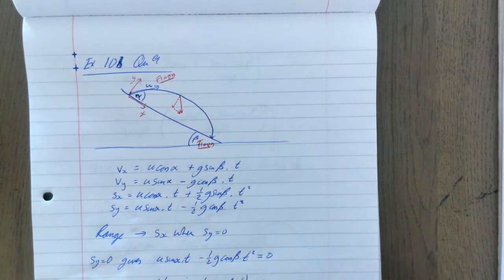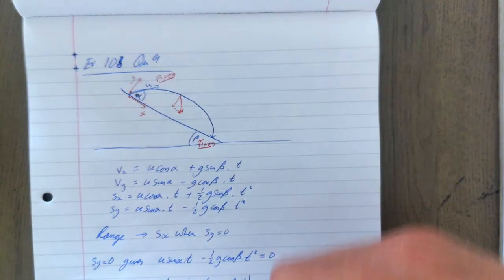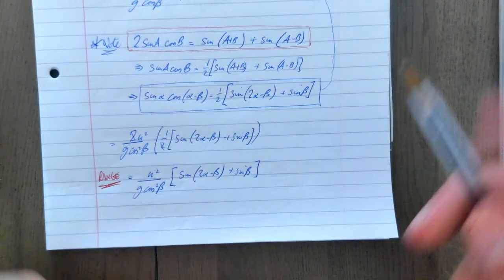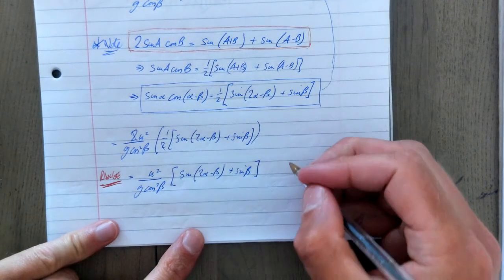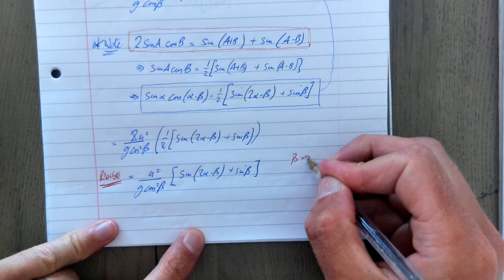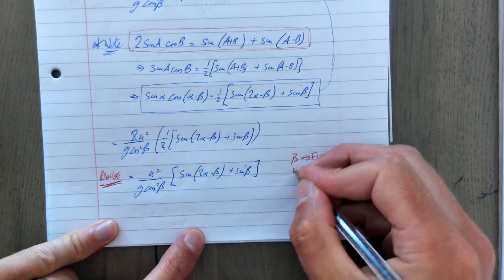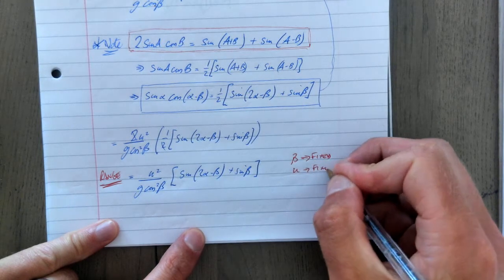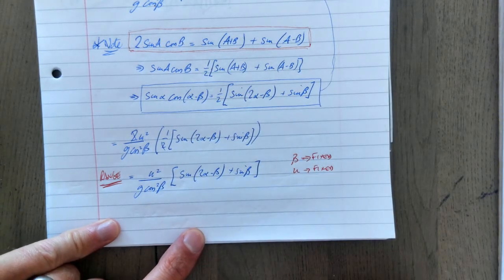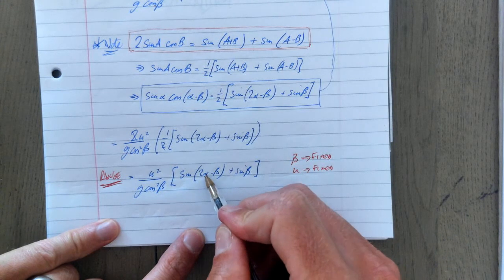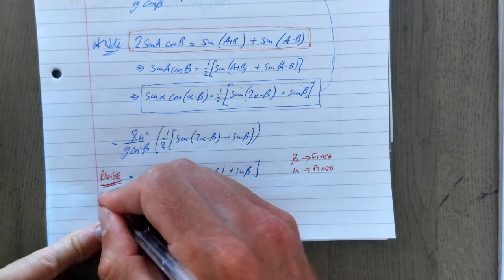I'm saying that for a reason, because we've worked out in the first part the range to be this. Now we said beta was fixed, it's the slope of the incline. U is fixed, that's the velocity given. So the only thing that can change here is this. Now we want this to be maximum.